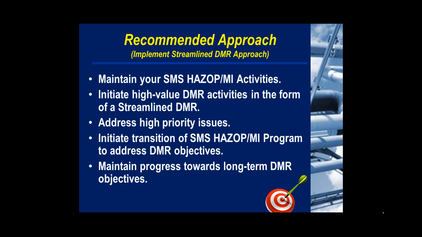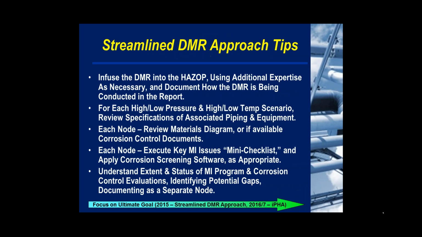Right now you have the option to do nothing, but we're recommending that you start moving in the direction of things that you know you're going to have to do to temper the amount of resources that are needed later and move towards a streamlined DMR approach. Recognizing what's coming up and the fact that Cal-OSHA PSM is scheduled for promulgation in first or second quarter 2016, and of course schedules can change.